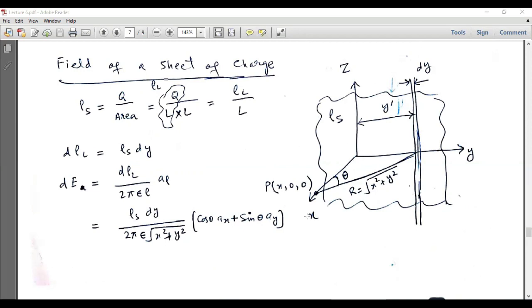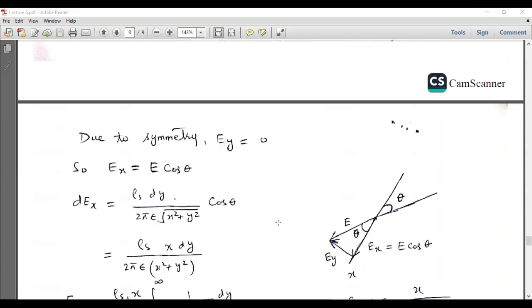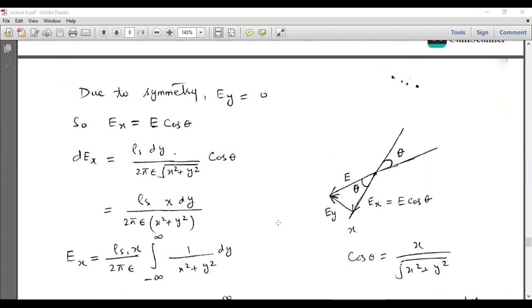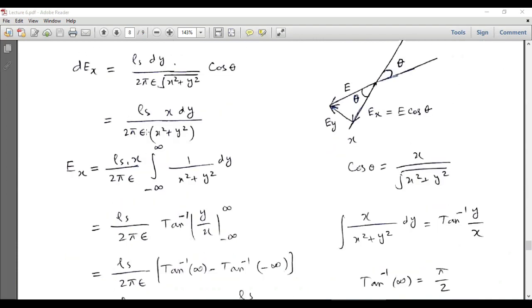And due to this reason, there will be only one component of the electric field, and that component will be along the x-axis. So this y component will be equal to 0. So we will ignore this y component, and only the cos theta component will be present. And cos theta is equal to x over the square root of x squared plus y squared, and this is dEx, and it will be equal to x over x squared plus y squared. So this is dy.